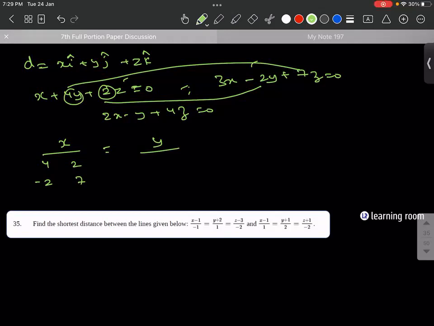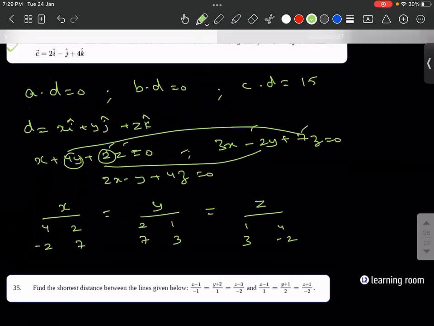You will write it as 2, 7, 1, 3 is equal to z divided by, you will write it as 1, 3, 4 minus 2. So I'll tell you what I did here.